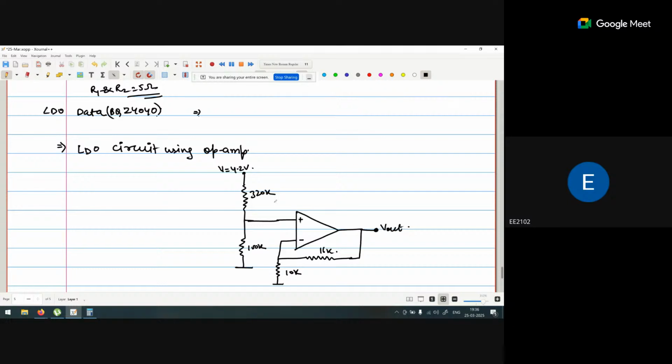So with the help of this circuit, if we are getting 1 volt here, what is the output voltage? V out is what?